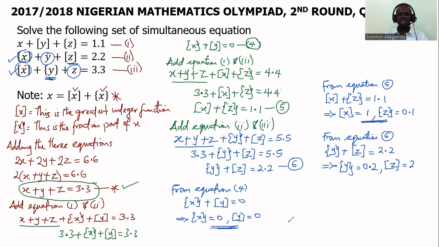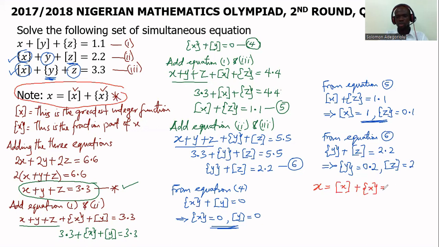Having gotten all this information, what is the next thing that we need to look into? The next thing now is to get the value of x, the value of y, and the value of z. Don't forget, go back to what we are given here. So x is equal to the greatest integer of x plus the fraction part of x.